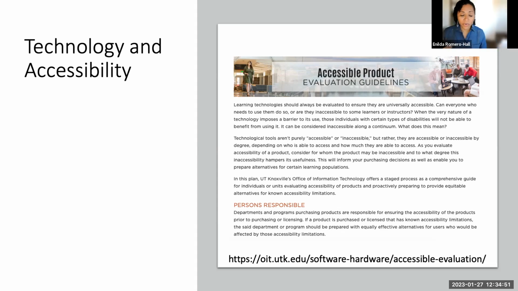So we need to evaluate the different types of technology that we use for our classroom, for our online environments, to ensure that they are able to be used by all the students who are going to access it. And I know that for the most part, you are probably using the learning management system, but there are other technologies that I use that help me have my class, like Jamboard, Padlets, and things like that. So we need to get those evaluated.